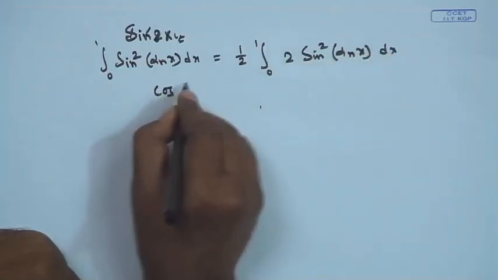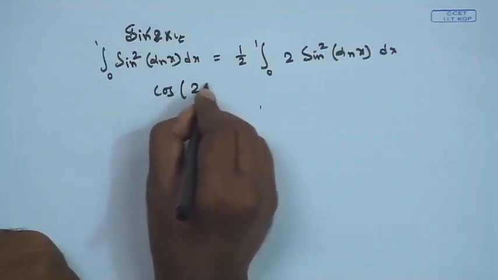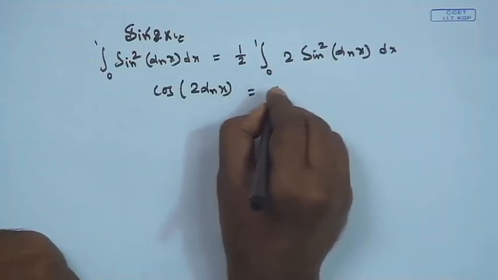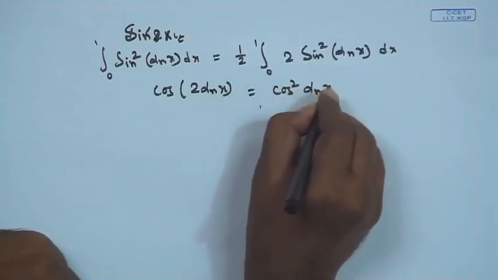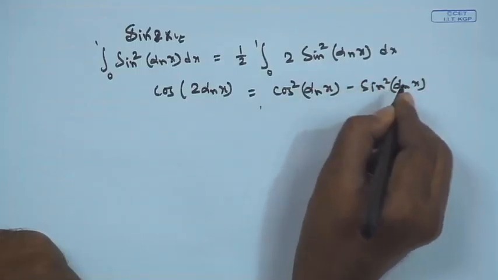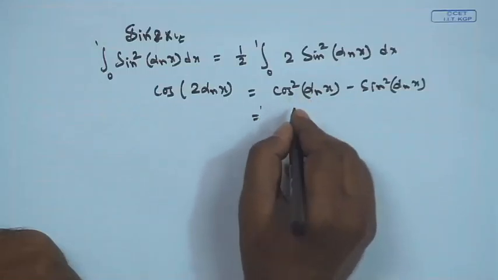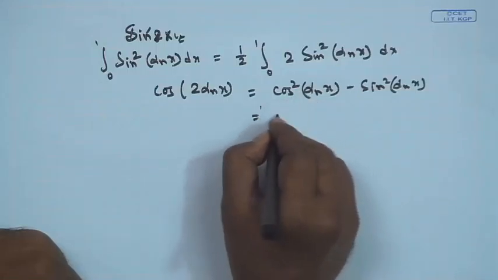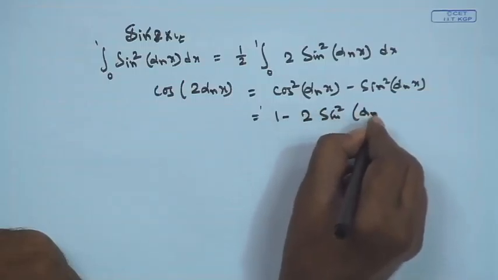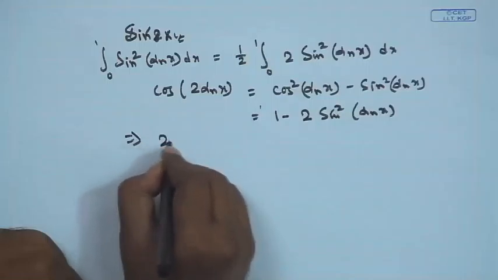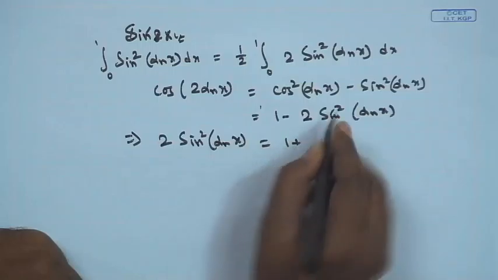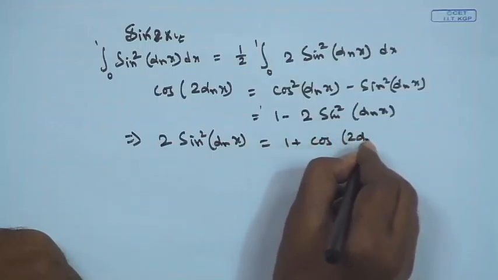So, cos 2 alpha n x will be nothing but cos squared alpha n x minus sin squared alpha n x, and this becomes 1 minus 2 sin squared alpha n x. Therefore, 2 sin squared alpha n x will be nothing but 1 plus cos 2 alpha n x.